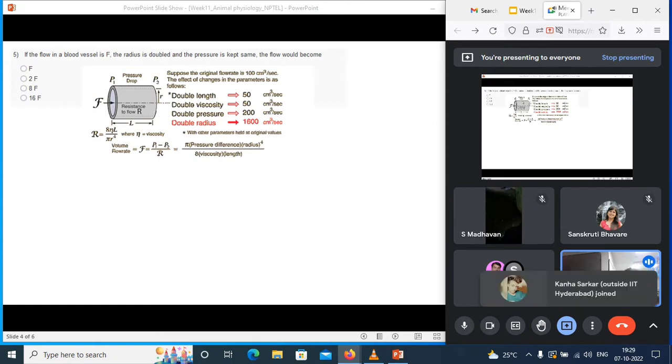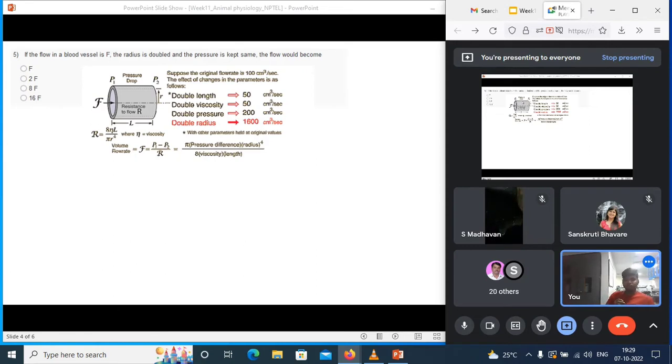So if we double the radius, the flow will increase by the 4th power of 2r, that is 16 times. Similarly, if you increase the radius 3 times, then the radius will be 3r, and if you calculate the flow rate, it will be the 4th power of that particular radius.